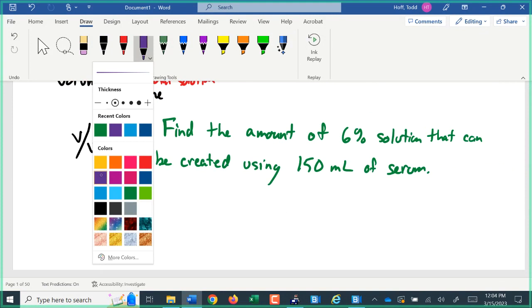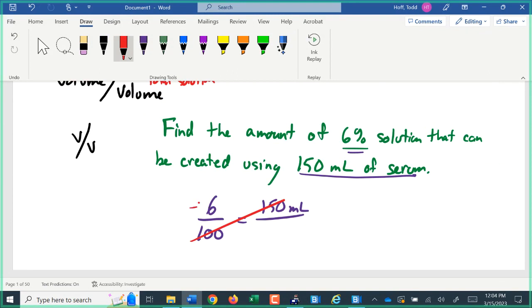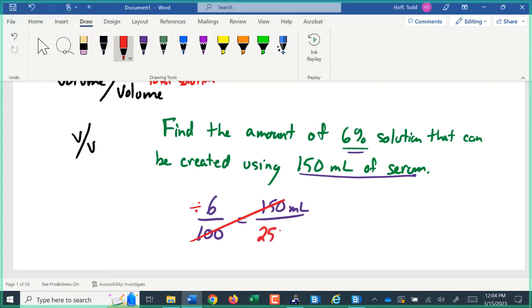So 6% solution, 6 out of 100, 6 parts out of 100. The 150 milliliters of serum goes with our serum, the top number, the 6. And we can cross multiply and divide. 100 times 150 divided by 6. I believe that's 2,500, but let's double check me. It is 2,500. That unit would be milliliters.